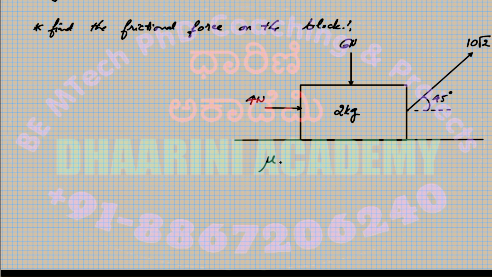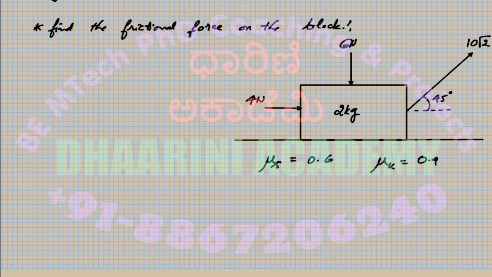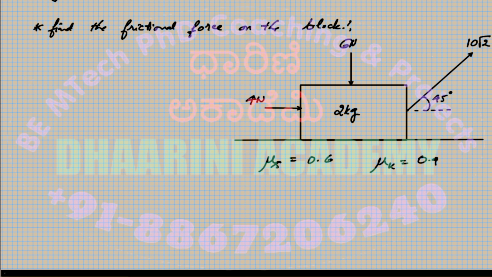They have mentioned that mu s is equal to 0.6, mu k is equal to 0.4. So the question is to find the force of friction acting on this given block.